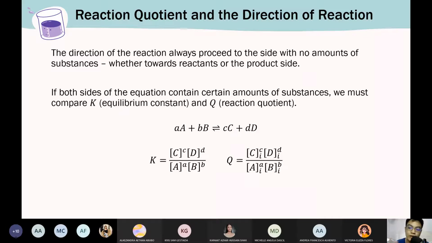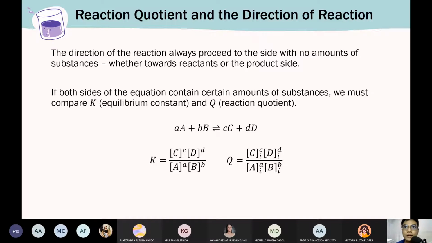Pag pinalo mo yung asukal and other stuff, does it instantly turn into alcohol? Hindi ganon. What happens is that there will be a slow change in the concentration of your chemicals until they reach the equilibrium state. So dahan-dahan yung flow ng reaction.